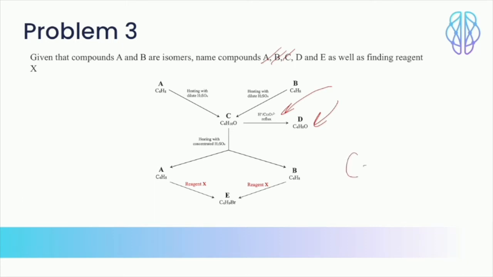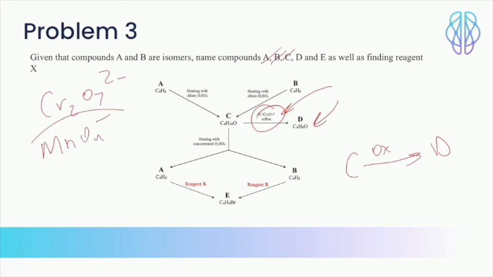So compound C is oxidized to form compound D. Whenever you see that dichromate ion, Cr2O7, in reflux in the presence of an acid, or you see permanganate, MnO4-, you should immediately think oxidation.